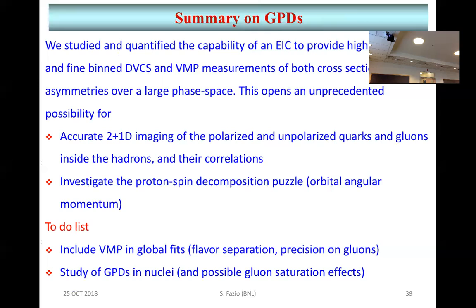The problem is that it's small, so the most sensitive way probably we can get there is by using some transversely polarized target and DVCS on the transverse, like on the rho meson production. So the problem is that these are difficult measurements, so no, not really. There are some plans, but still.